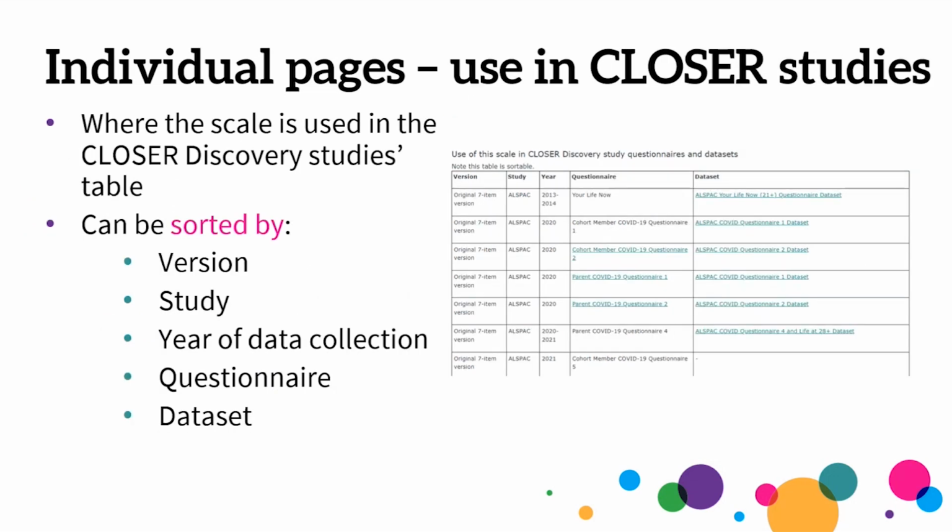So onto the second part of the individual page, you can see that there is a table that outlines the use of standardized scales in Closer studies. Right now we are seeing the default order of the table, but it is completely customizable by version, study, year, or questionnaire.